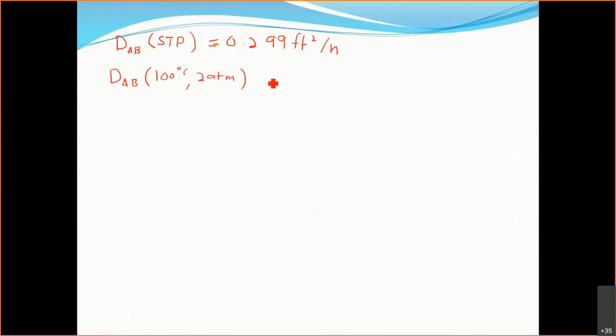And we know the equation is going to be DAB at STP times the value of P STP over P, which here is P at 100 degrees Celsius, times the temperature at 100 over the temperature at STP, to the power of 1.75.